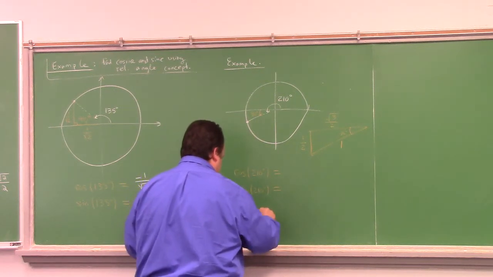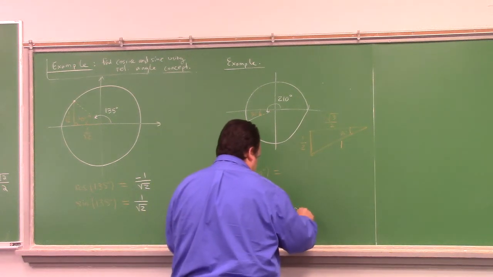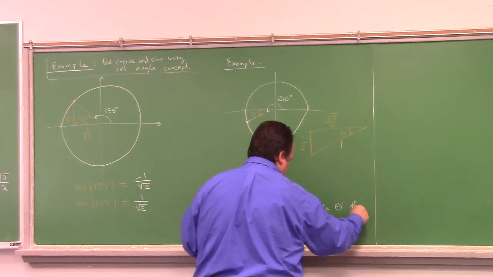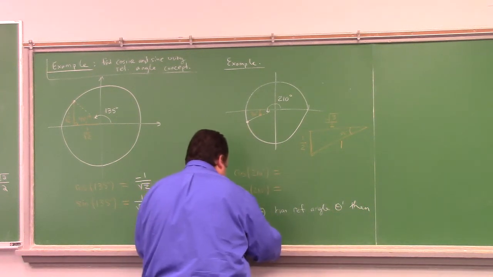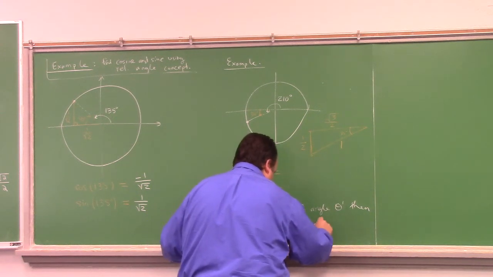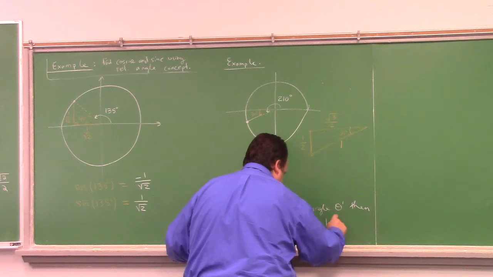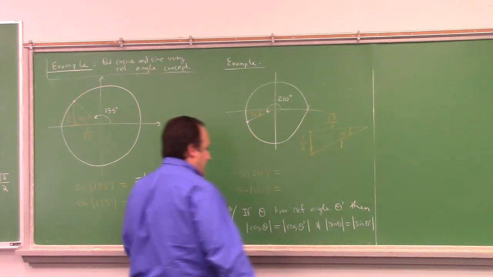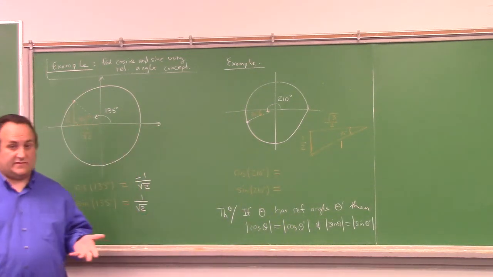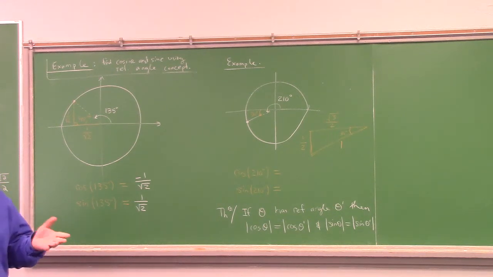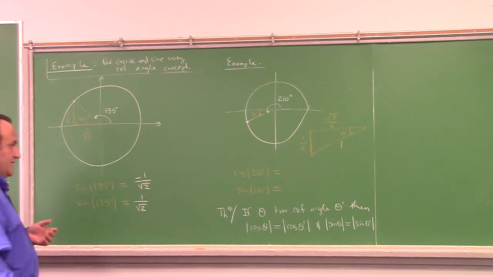If theta has reference angle theta prime, then the magnitude of the cosine of theta is equal to the magnitude of the cosine of theta prime, and the magnitude of the sine of theta is equal to the magnitude of the sine of theta prime. In other words, sine of theta is equal to plus or minus sine of theta prime, and cosine of theta is equal to plus or minus cosine of theta prime. We have to put in the plus or minus by considering the quadrants.